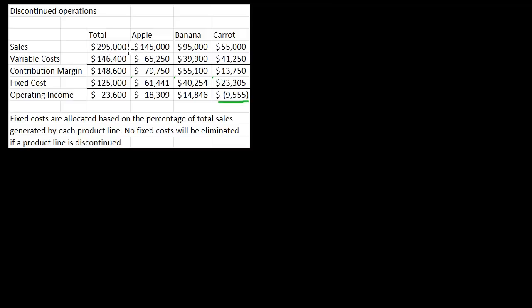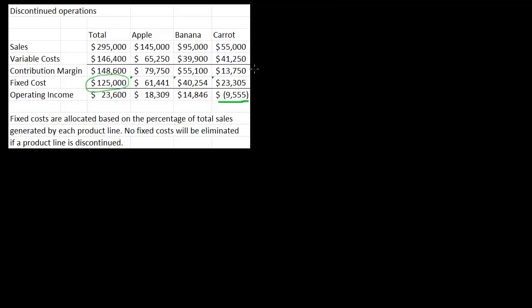That gives them a percentage, and then they multiply the 125,000 by that percentage. Okay, so these are all indirect fixed costs. No fixed costs will be eliminated if a product line is discontinued. So we're still going to have $125,000 in fixed costs whether or not we discontinue one of these products.